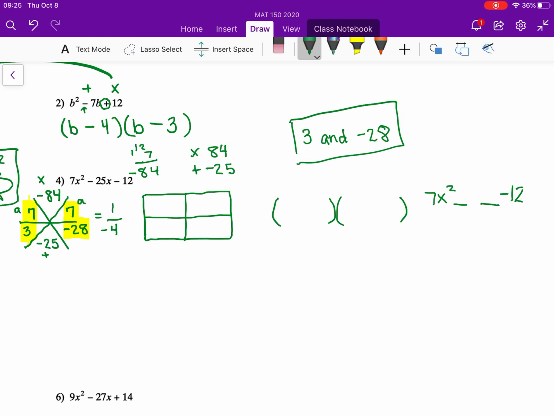That's fine. Okay. Then we're ready to write our factors. So we always write our factors as the top, and then x, and then the bottom. So in this case, it would be 7x plus 3, because the fraction was 7/3. Our second one, we do use the reduced form, so we're going to use this one. 1x minus 4.